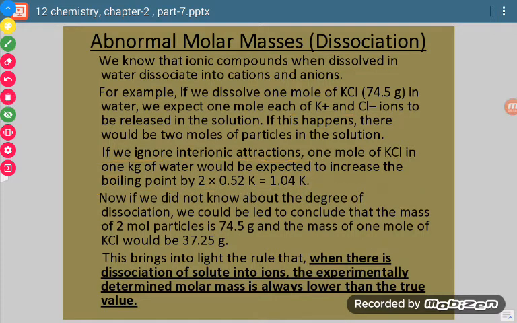Okay, this is elevation in boiling point which you have studied. So if we are taking this much amount in this much solvent, then it is expected that the boiling point should increase.